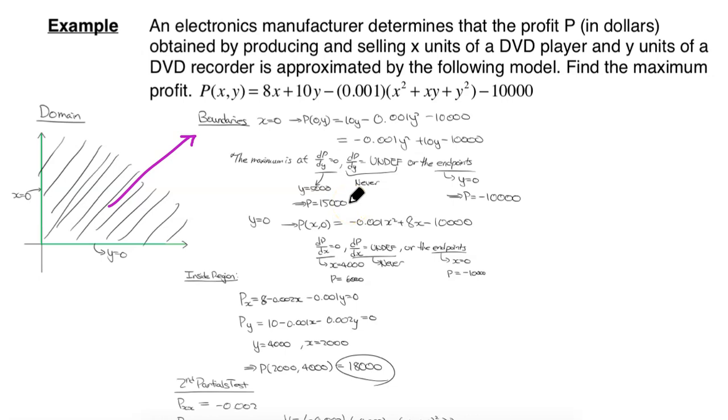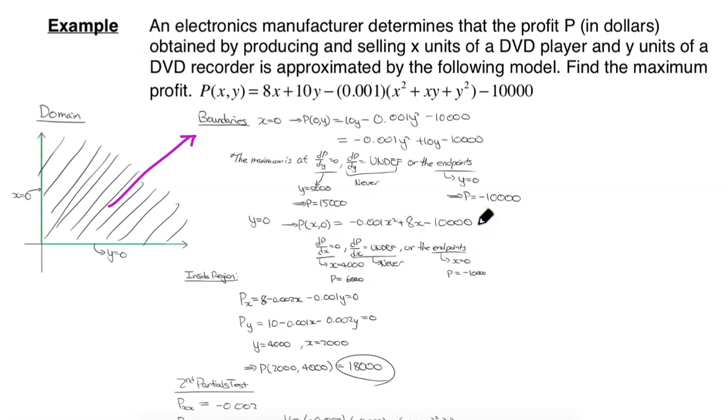The second boundary is a case where we would decide to build only DVD players but manufacture no DVD recorders. We set y equals 0 and we get a function in terms of x only. Once again, it's a quadratic function, so we can follow the same principles.